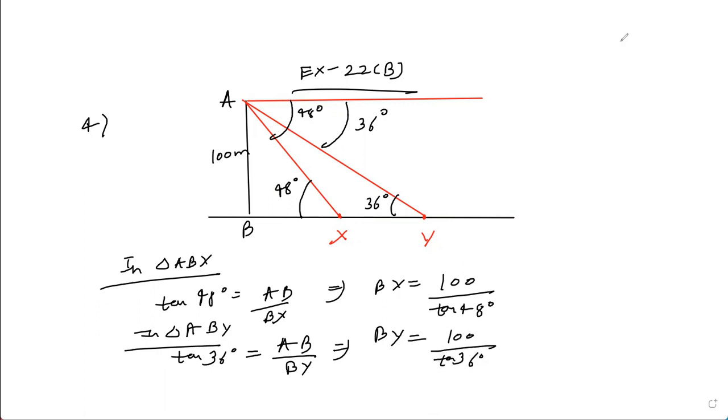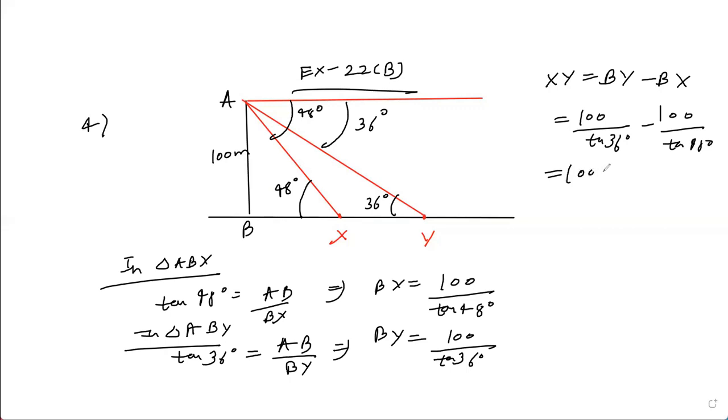Now, as it's pretty clear from the figure that the distance between the two ships is XY, which we can also write as BY minus BX. So that will be 100 by tan 36 degree minus 100 divided by tan 48 degree. So we'll take 100 common. So we'll be getting 1 by tan 36 degree minus 1 by tan 48 degree.